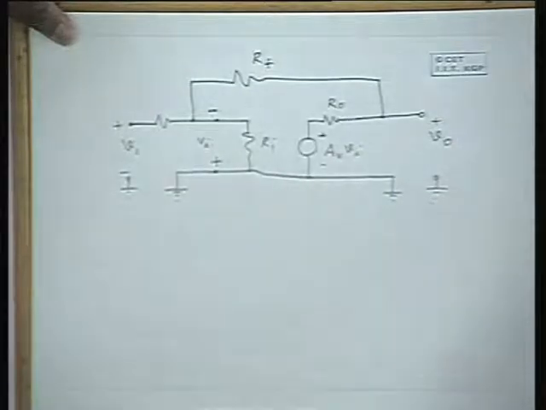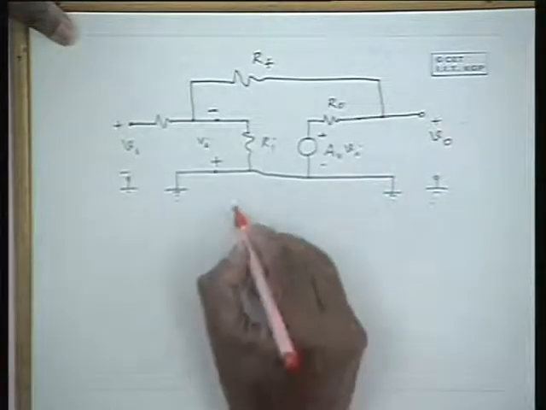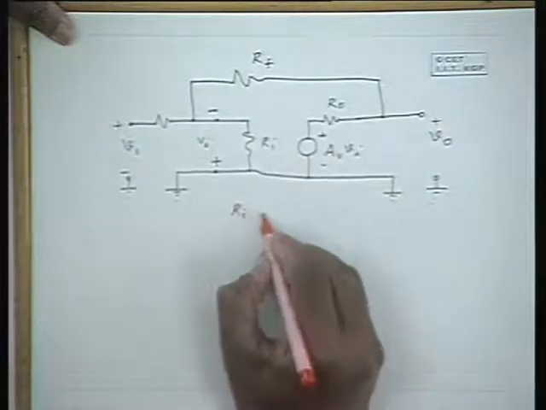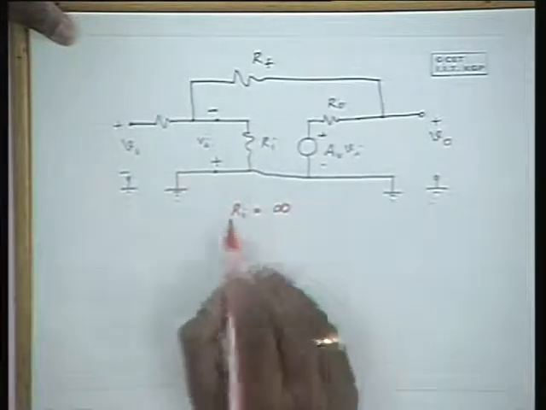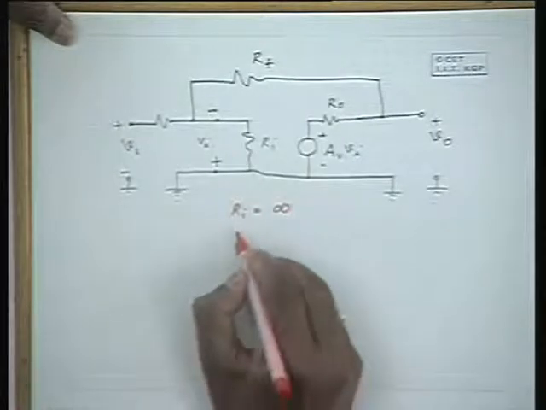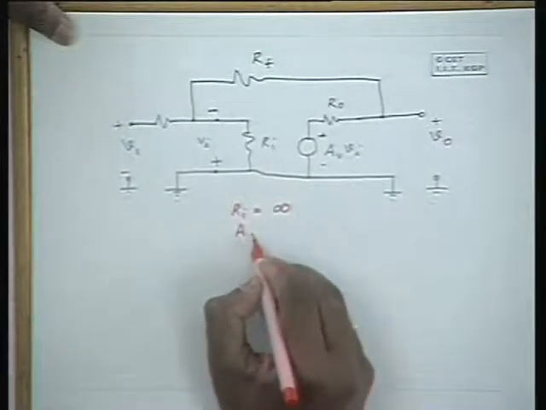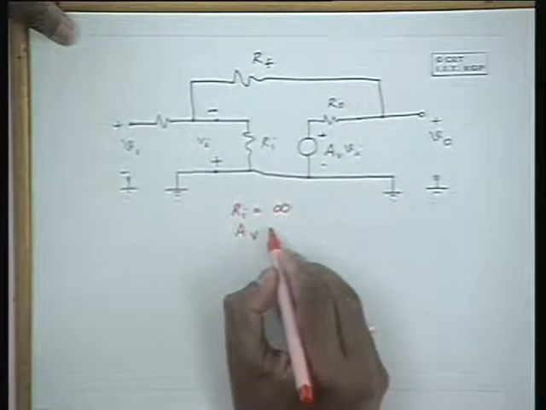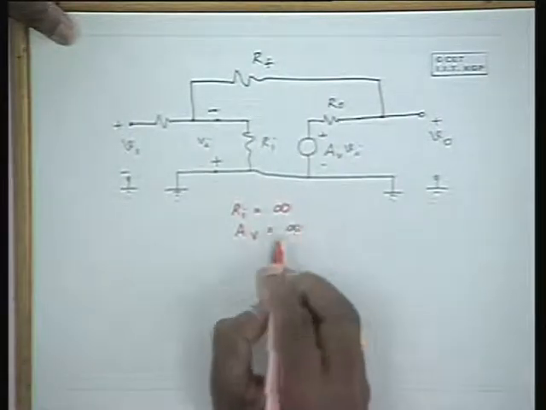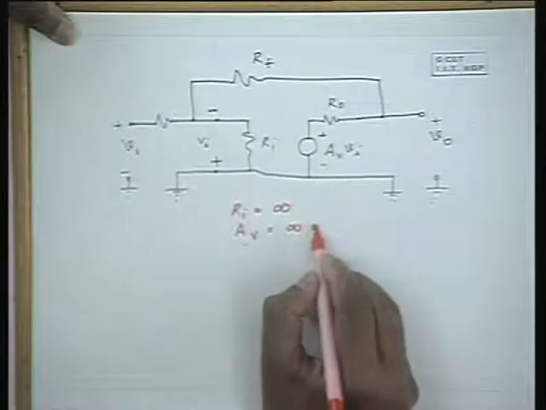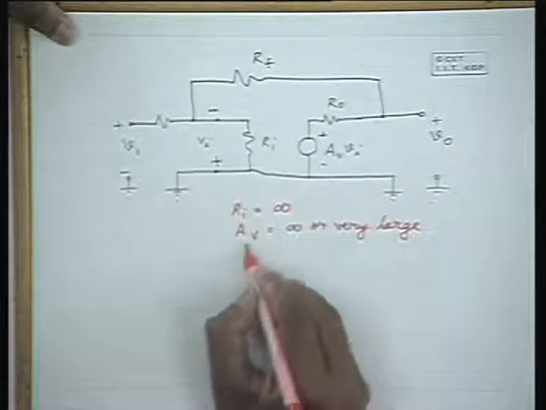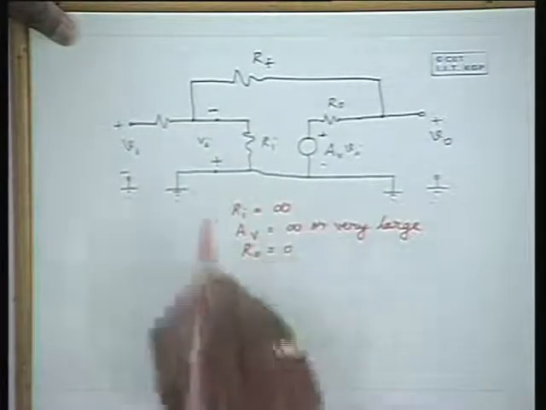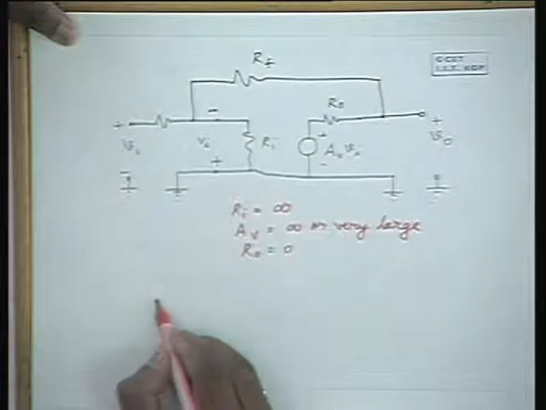Now the approximate analysis is very simple, and let us carry out the approximate analysis, assuming that the input impedance is equal to infinity and the voltage gain is also infinity, or very large, and R naught is equal to 0. We get an approximate equivalent circuit.